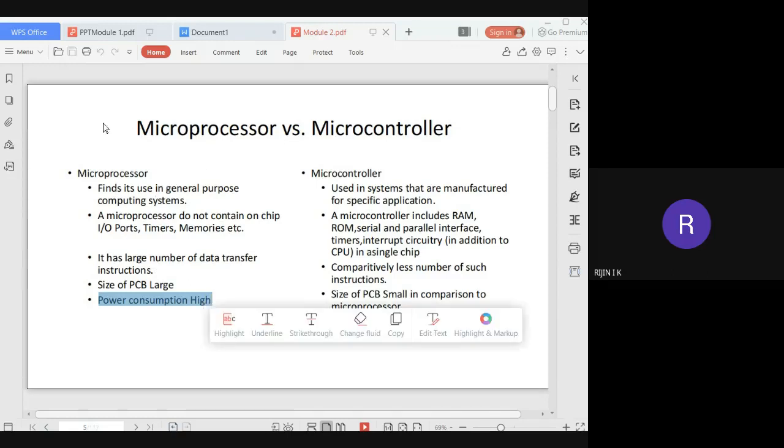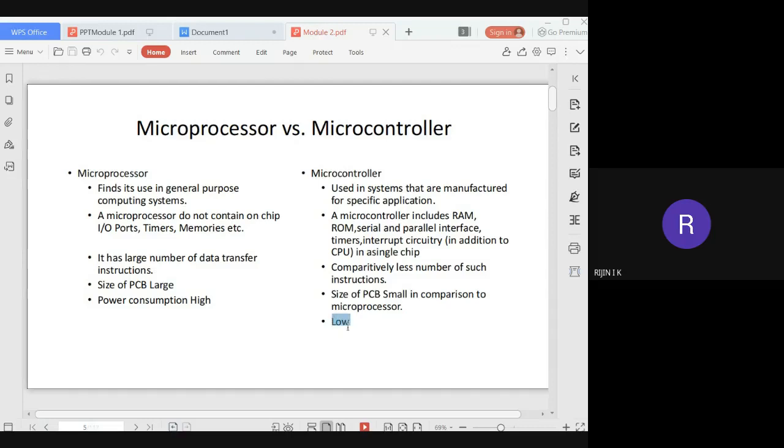But in the case of microcontroller, power consumption is low compared to microprocessors. So these are the main differences between microprocessor and microcontroller.